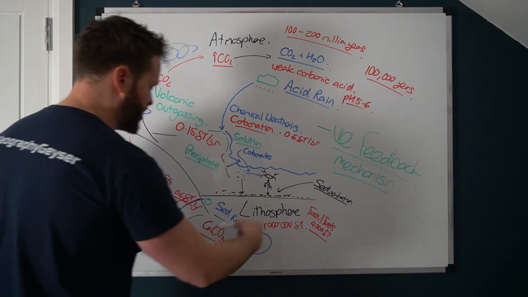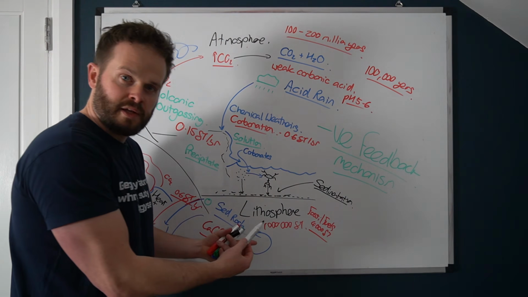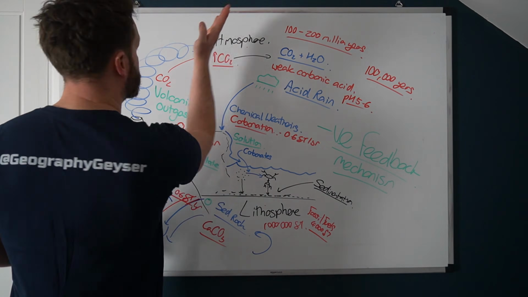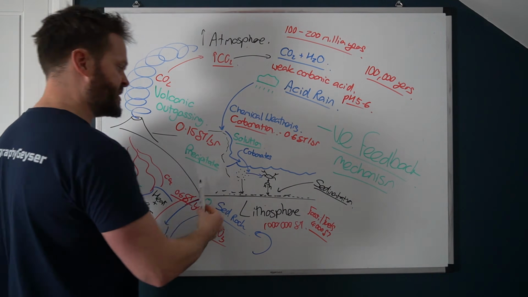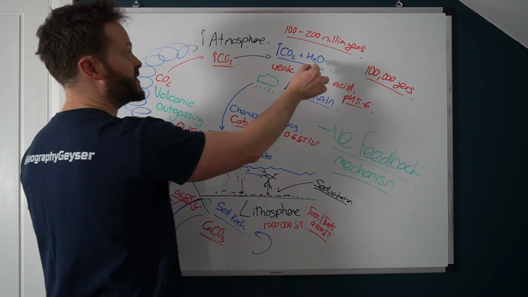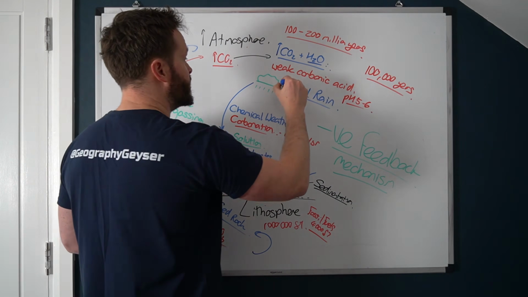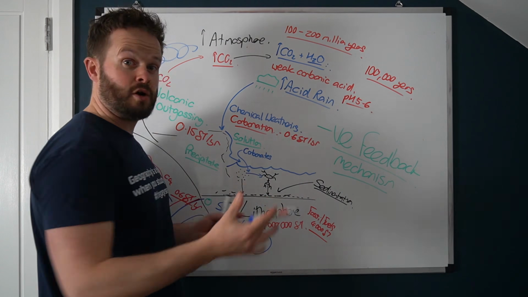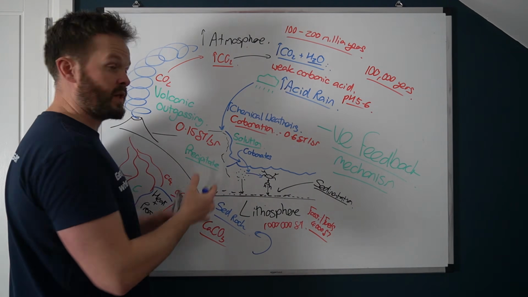We've got increased outputs from the lithosphere, so there is now a theoretical deficit in the lithosphere. Boom, we've lost some. We've also got an increase in the atmosphere. So what's happened is we've got increase in outputs and increase in inputs into this store here. We have an increase of CO2 dissolving into H2O. Therefore, we have an increase in the creation of acid rain. We then have an increase in the volume of chemical weathering that takes place.